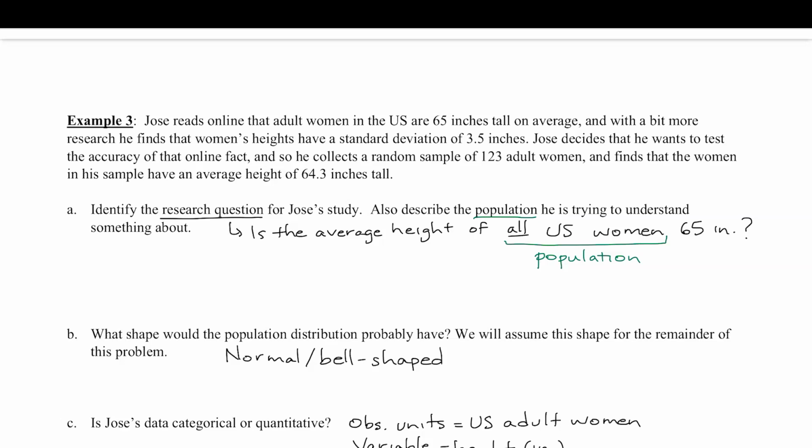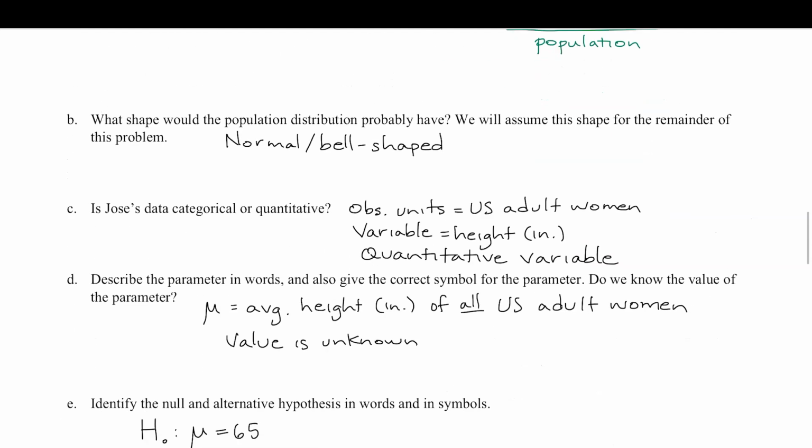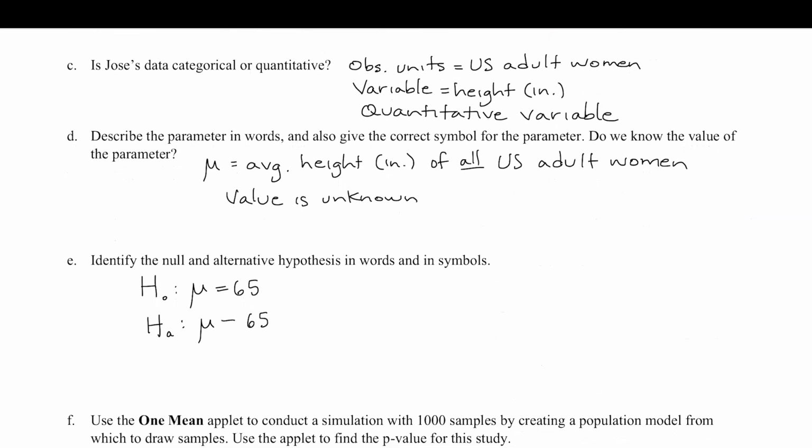Now it says in the scenario, the statement of the example, Jose wants to test the accuracy of that online fact. So in other words, he's not supposing or conjecturing that the average height is less or more than that. He just wonders if that's accurate, which means we have a not equal, two-sided alternative hypothesis.